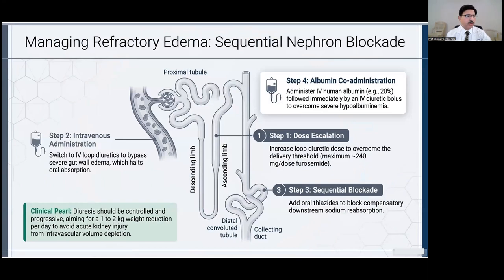Now, come to managing refractory edema, sequential nephron blockade. That means I can block the nephron at 3 or 4 stages and excrete the extra water. But what is step 1? Dose escalation. Increase the loop diuretic dose to overcome the delivery threshold, up to 240 milligrams of furosemide. What is the common side effect of furosemide?